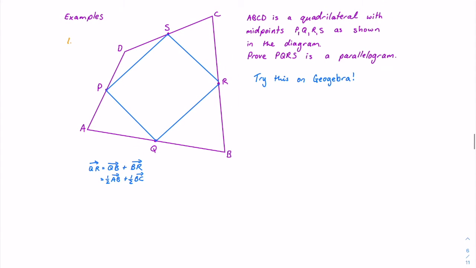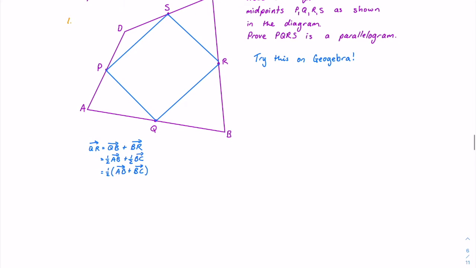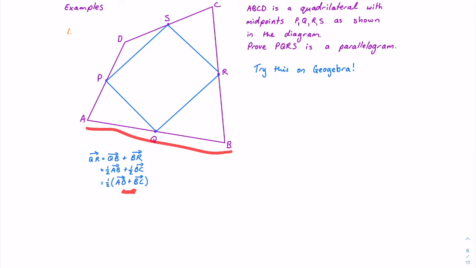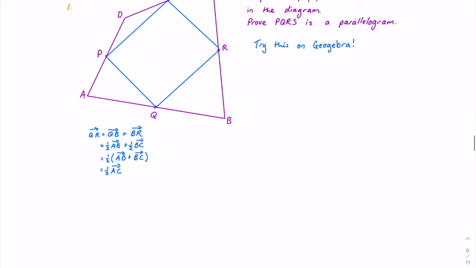Now, from there, I can factorise out the half, and so I get half of AB plus BC. Now, AB plus BC, they've got that common B in the middle, they can just dissolve, so AB plus BC is the vector AC. So that's half of AC.